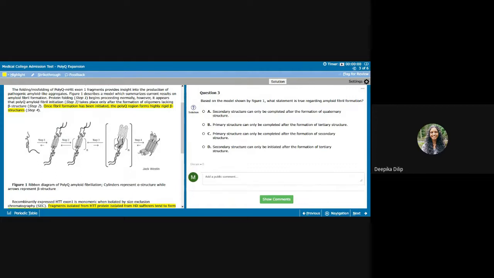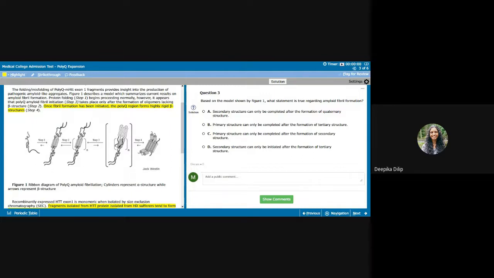Based on figure one, cylinders and arrows represent B. Okay, let me just talk this out.